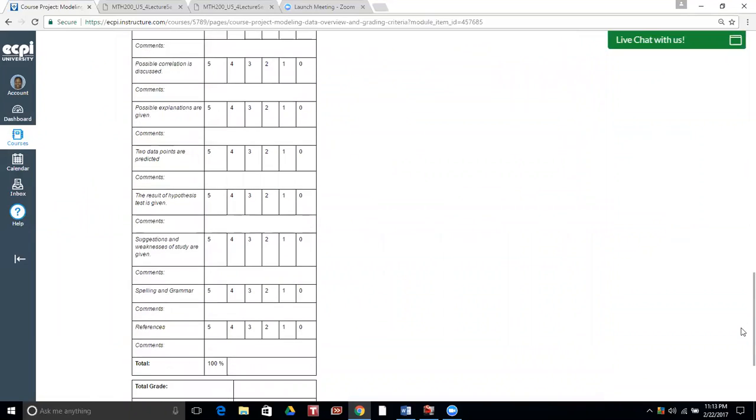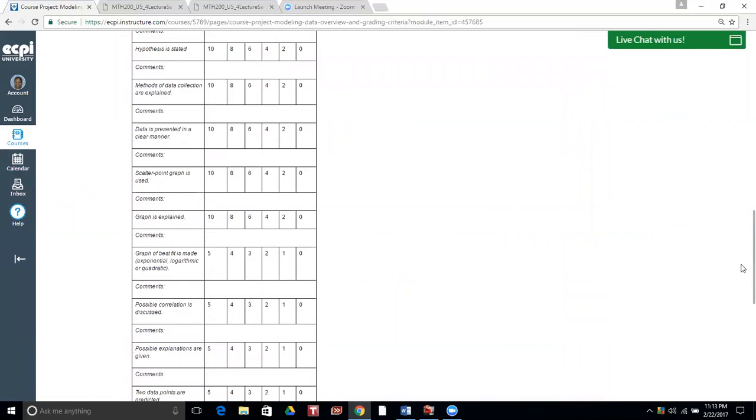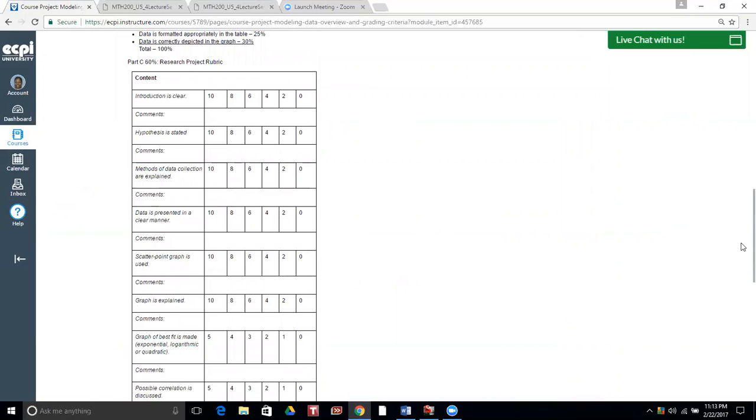This is part C, making sure you have a clear introduction. Make sure you state your hypothesis. Make sure you explain in detail how you collected your data. Make sure your data is represented in table form that is presented clearly.